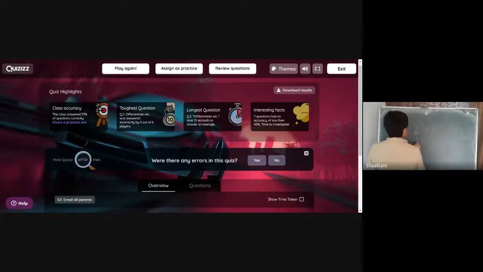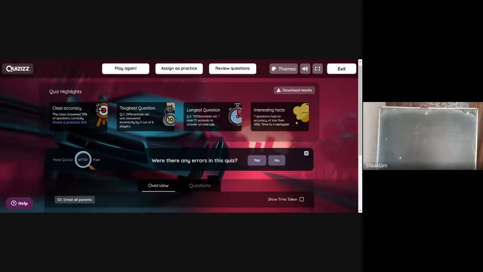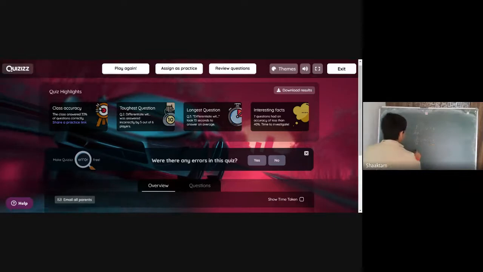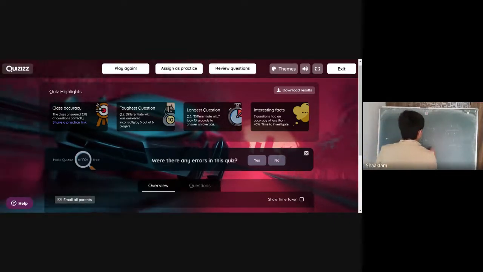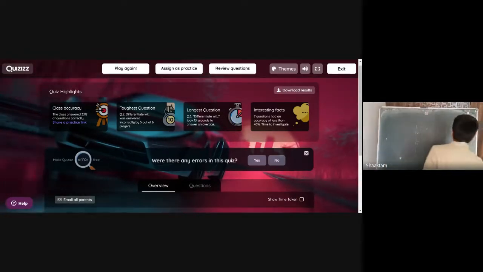D by dx of cos inverse x is minus 1, the same denominator. D by dx of tan inverse x is 1 by 1 plus x square.